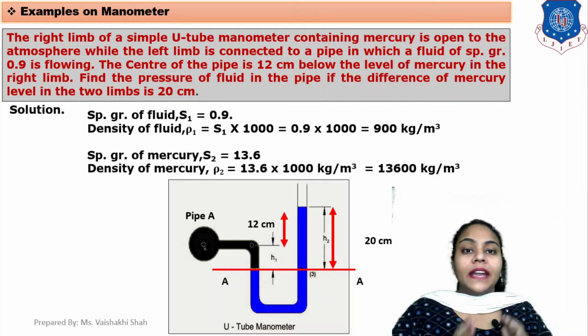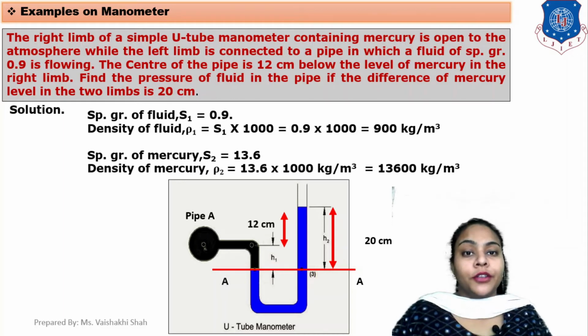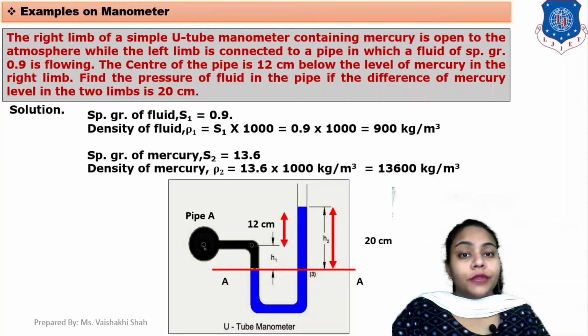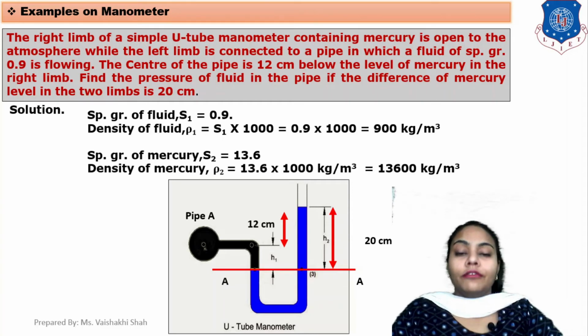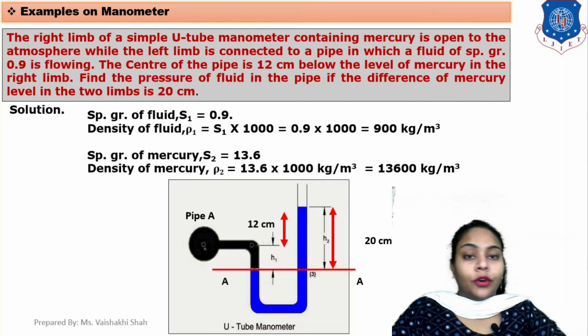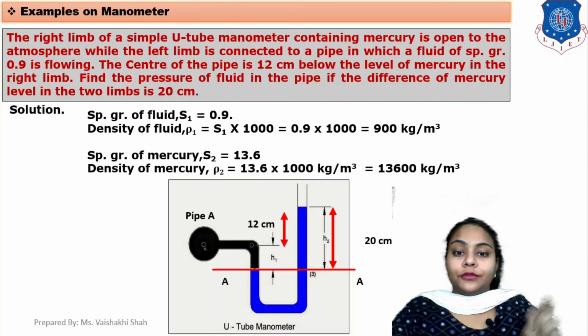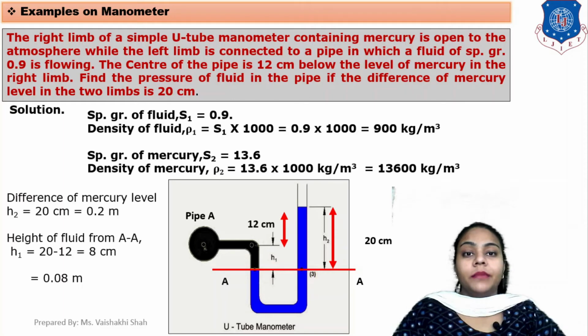So 0.9 into 1000 is 900 kg per meter cube. Second, the specific gravity of mercury is 13.6. So the density of mercury, rho 2, is specific gravity into 1000, 13.6 into 1000, that is 13,600 kg per meter cube.